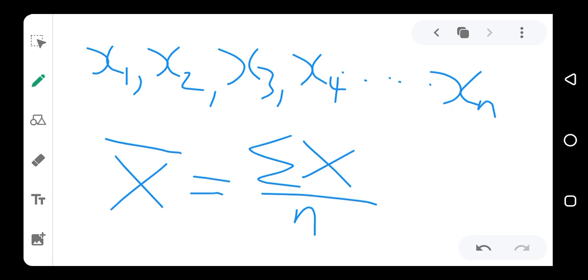That is when you add this one plus this one plus this one plus this one to the last number there, we call it sigma x. Then n means the total numbers that we are adding. That is this one, 1, 2, 3, 4, or if it is 5, the number of occurrence of the number is n.